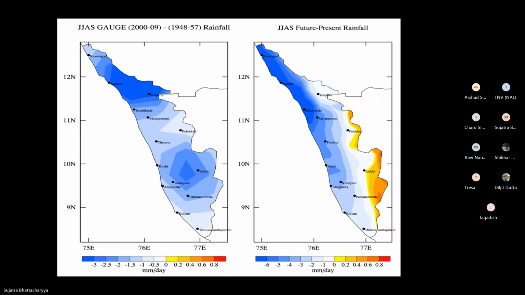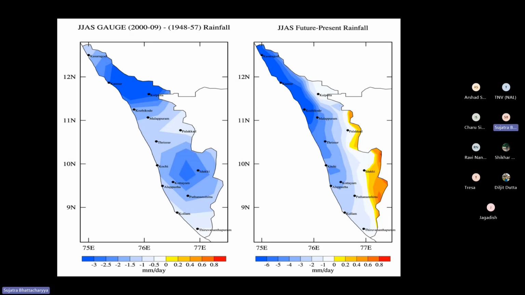This is a close-up, which I want you to appreciate. This is gauge data, 48 to 97, and this is the model future trend. This is the change between 10 years of the 21st century and the previous 50 years.